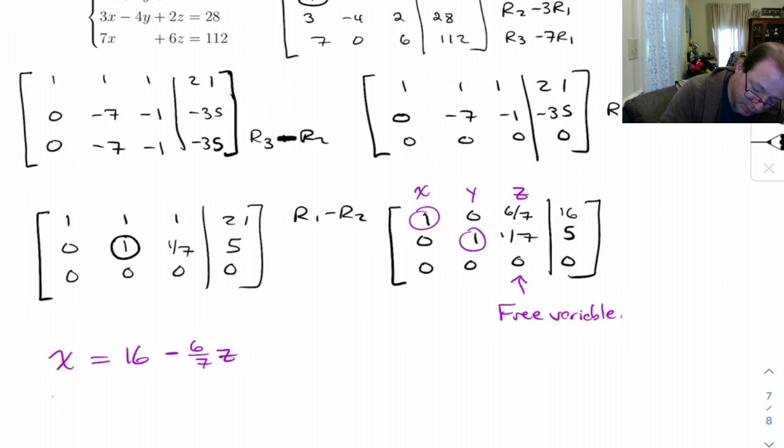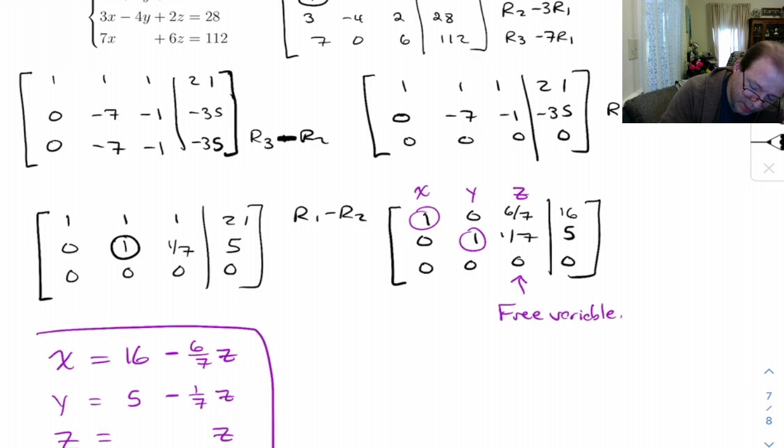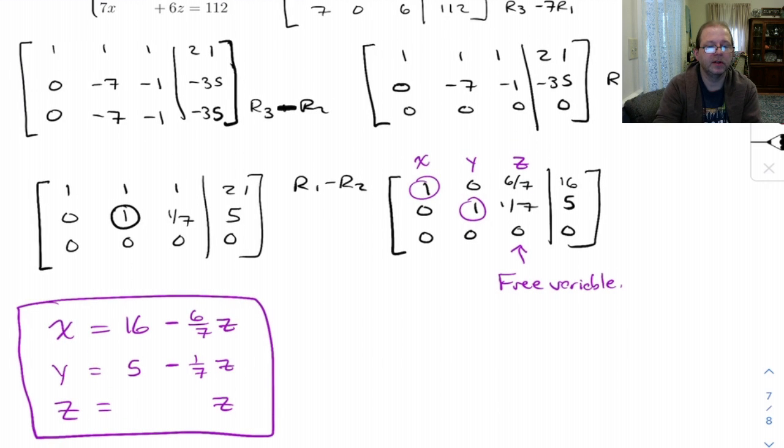The second line gives me y equals 5 minus 1/7 z. And then z is free, so it's just z equals z. So this is my parametric solution. If you want to, you can go back in and replace the z with a t.